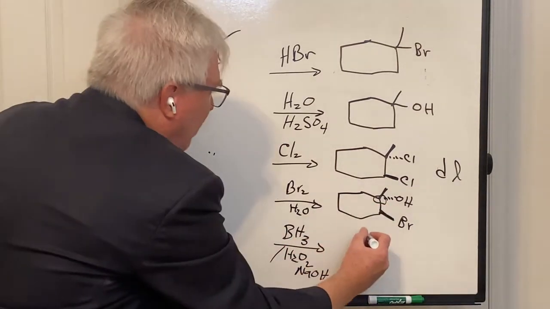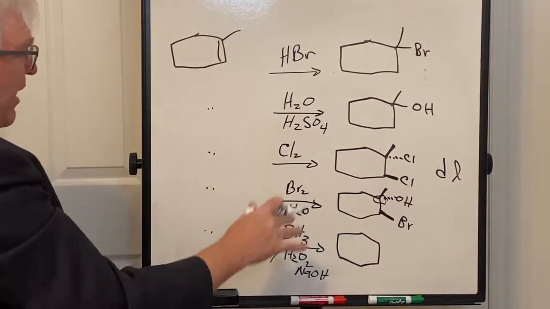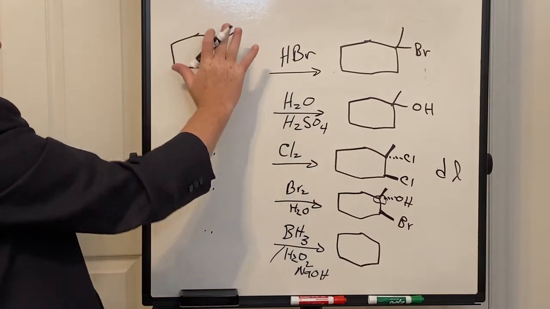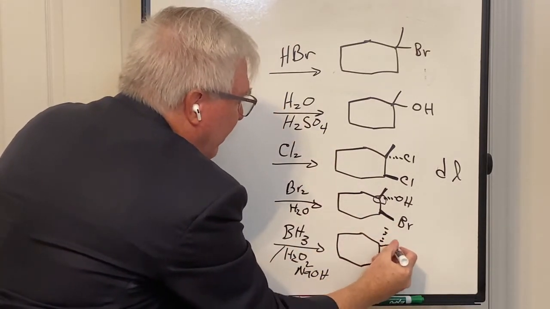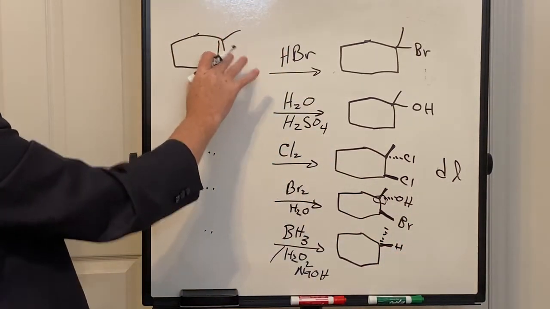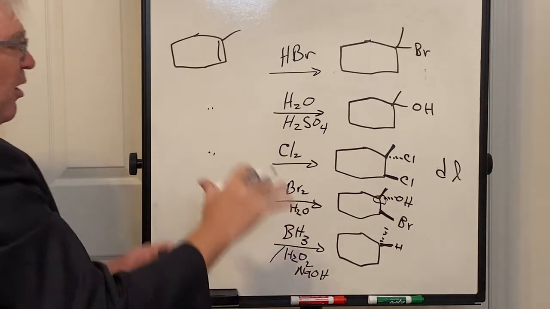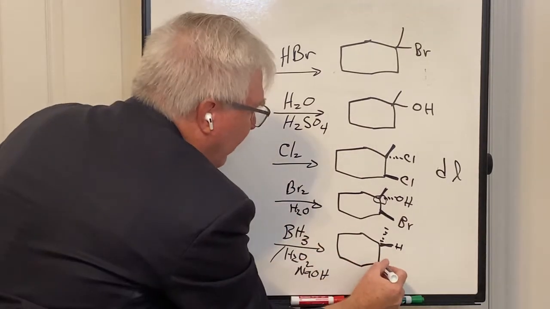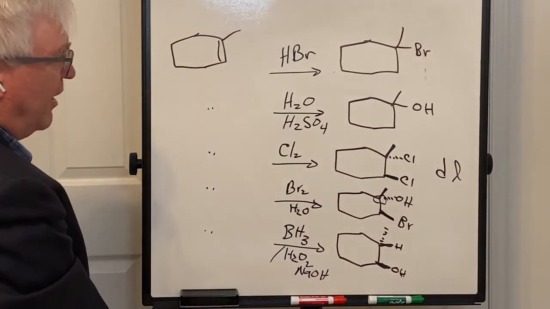And what about hydroboration here? We'll have borane. Let's do the borane adding from the top face here. So it'll push the methyl group down. It'll have the hydrogen up. And initially the boron will be up. And then the oxidation here with peroxide and base will also go with retention of that stereocenter. So that alcohol will also be up, okay?